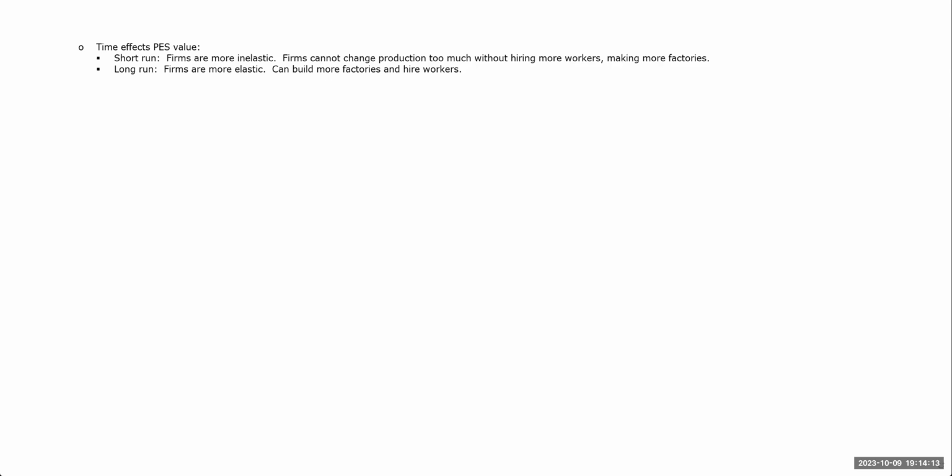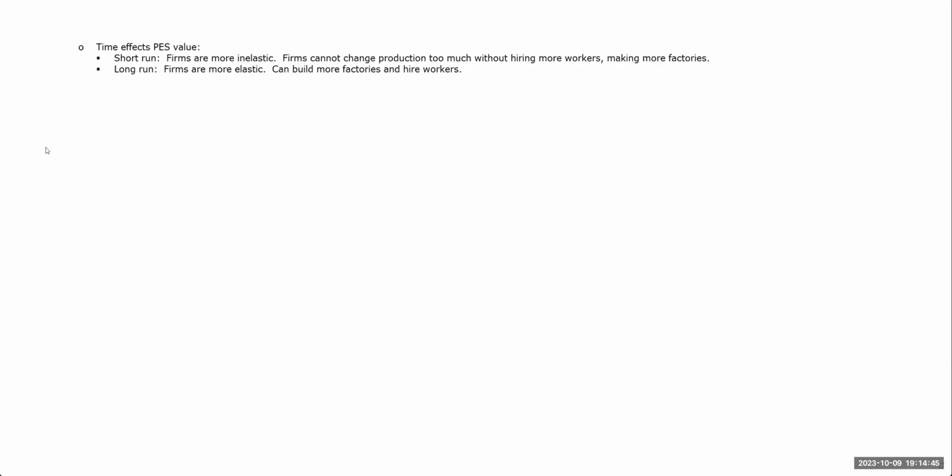But if they see that this demand for Camrys is just going to be maintained, this crazy hot sales of Camrys is going to be maintained, then in the long run, they could decide to build out more factories, hire more workers, and firms in the long run, their response will be more responsive, and they're able to increase production by more.